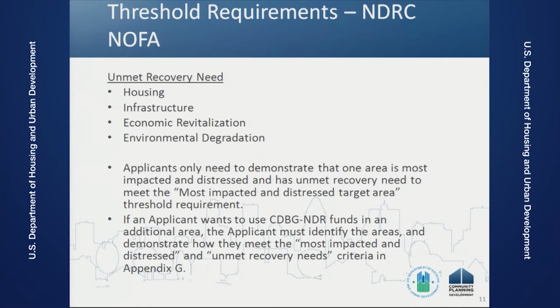Unmet recovery need is a term that's defined in the NDRC NOFA in Section 1C15, and this is the definition: an unmet recovery need arises from damage or another harm or negative effect directly or indirectly caused by a qualified disaster that has not been met and for which no funds are available, and that HUD, in reviewing the information provided by the applicant, determines to be a need related to long-term recovery, restoration of infrastructure, restoration of housing, or economic revitalization.